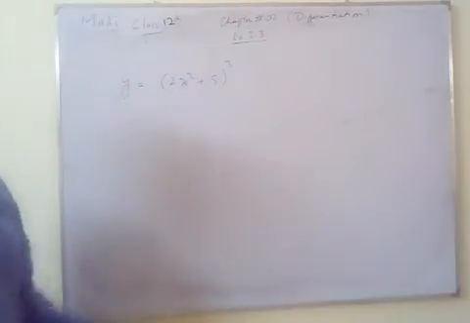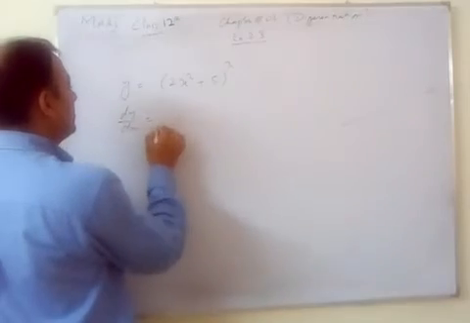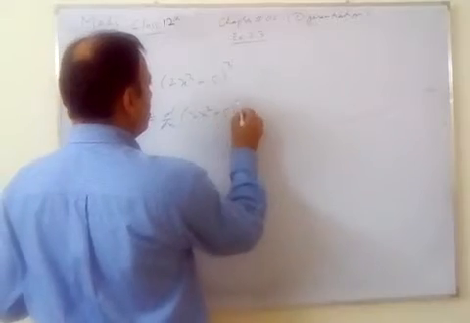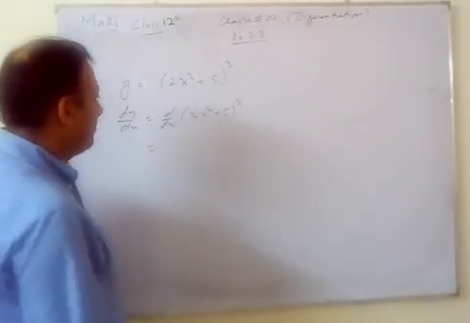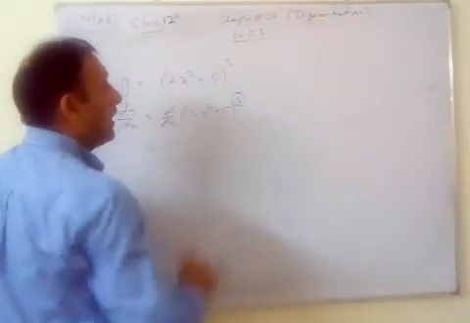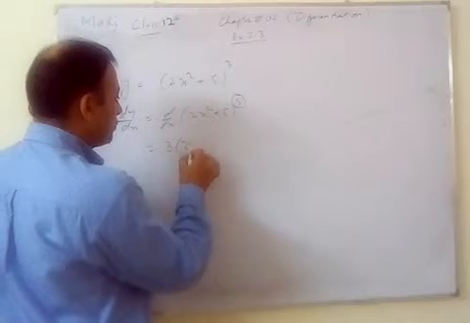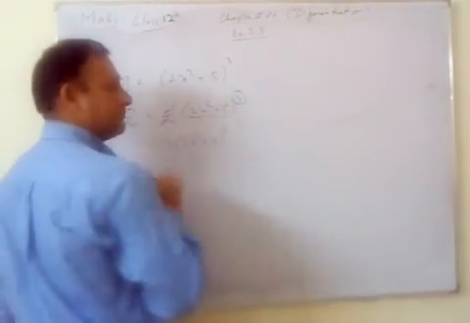If we want to find the derivative of this, so derivative of y with respect to x, derivative of (2x square plus 5) whole cube with respect to x. In this case, keep in mind that first of all we derivate the power. So 3 (2x square plus 5) whole power 2 as it is.